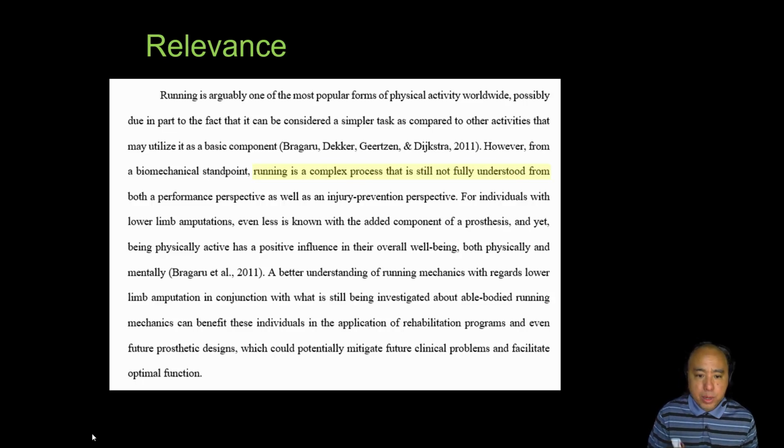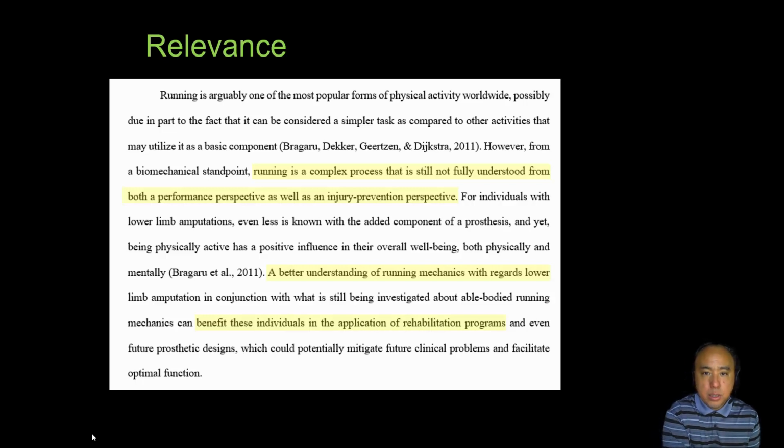From a biomechanical standpoint, running is a complex process that is still not fully understood from a performance and injury prevention perspective. So it's just making a case that there's some work that still needs to be done here. A better understanding of running mechanics with regards to lower limb amputation, in conjunction with what is still being investigated about able-bodied running mechanics, can benefit these individuals in the application of rehab programs.